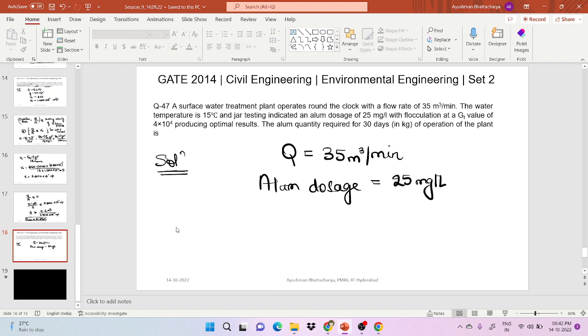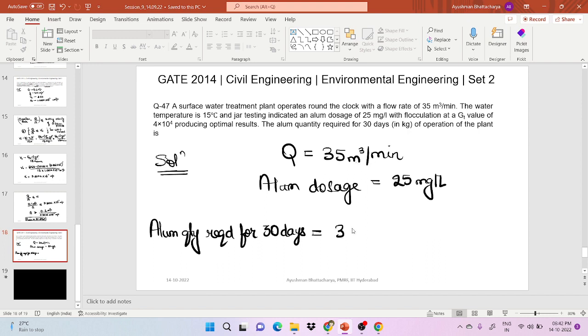They are asking for the alum quantity required for 30 days. Here, first of all, we should calculate the flow rate for 30 days. The flow rate is given in meter cube per minute; we will calculate it in meter cube per day.